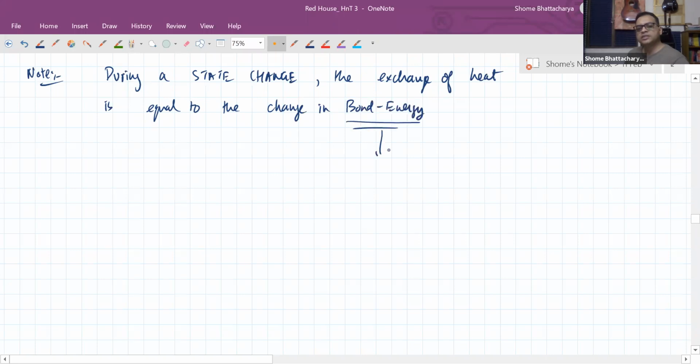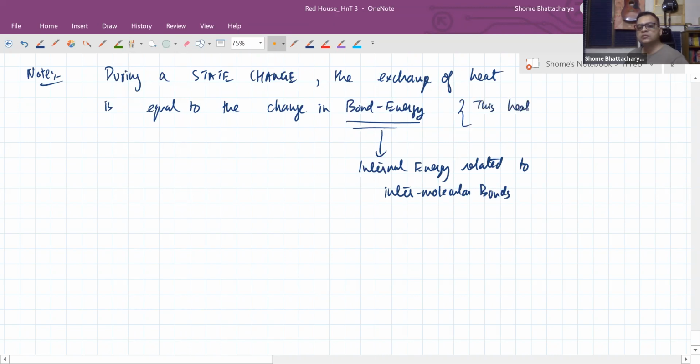Okay, that is basically the internal energy related to intermolecular bonds. Okay. And that is what we call, so this heat exchange is correctly called latent heat.